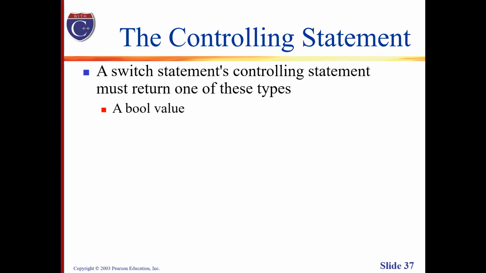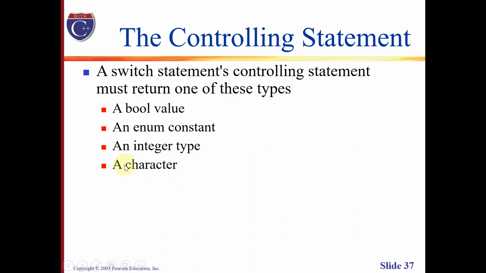Now let's talk about the details of each part of the switch statement. As previously mentioned, we have the controlling statement. A switch statement's controlling statement must return one of these types, a Boolean value or an enumerated constant. It can also be an integer type, which is the case of our example.